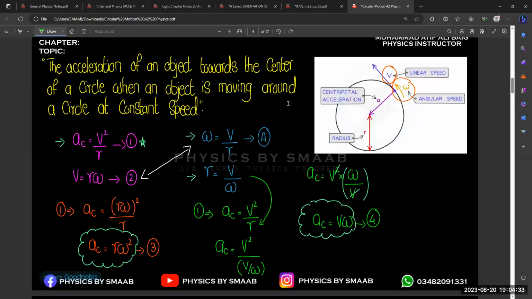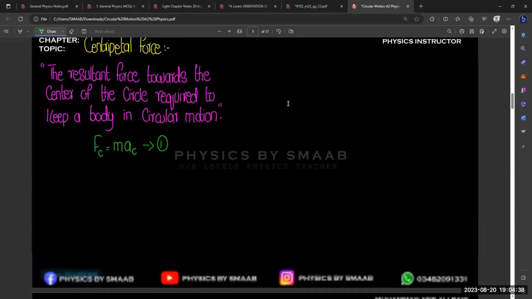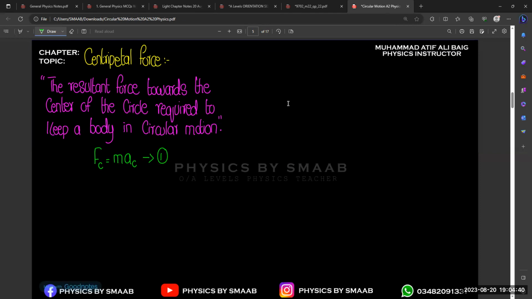Again, equation number 1, right? Remember that? Yes. If we replace it over here, v square over r, your final equation will be equal to m v square over r, right?